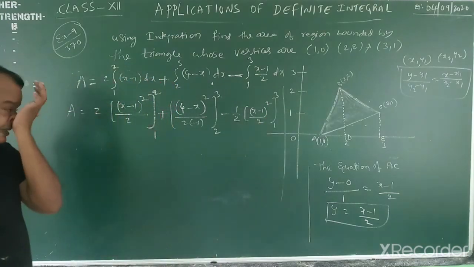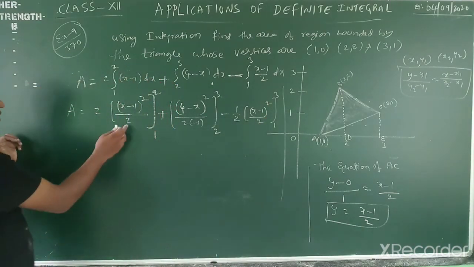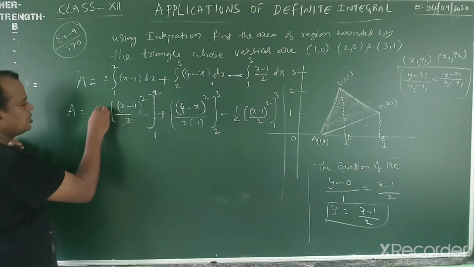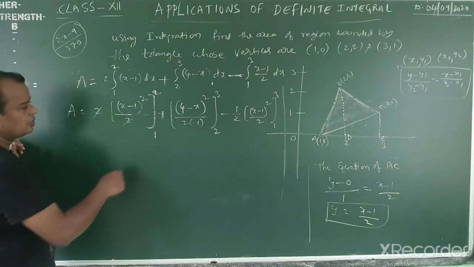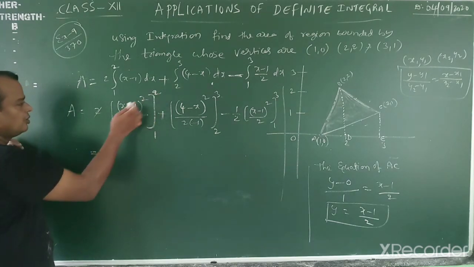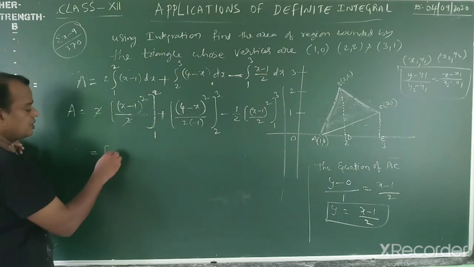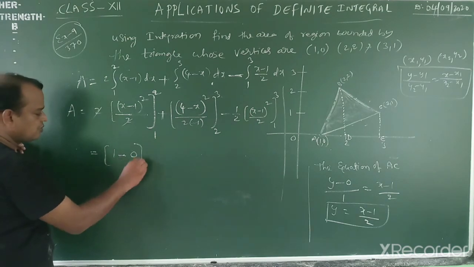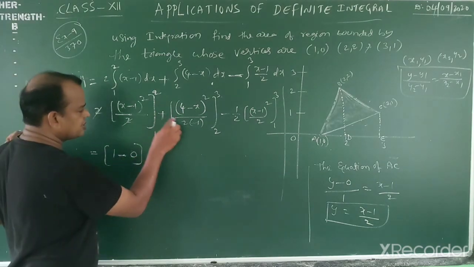Okay my dear friends, now simple. Here these two cancel. This is limits 1 to 2. For the upper limit you write 2 minus 1 whole square. 2 minus 1 whole square, how much? 1 square means 1, minus the lower limit, 1 minus 1 is 0. It is over. Plus here, into minus 1 by 2.